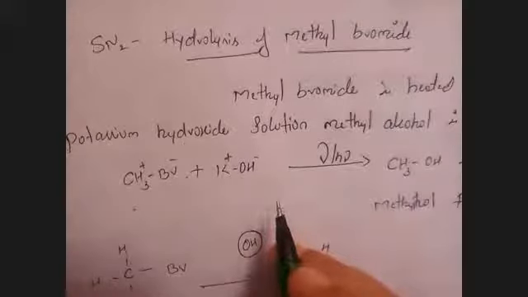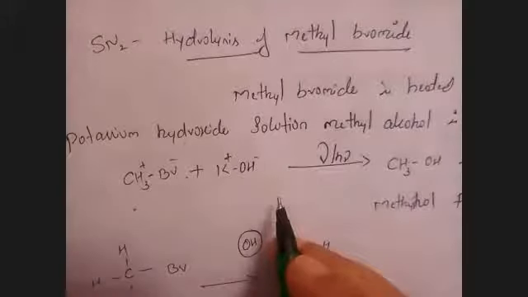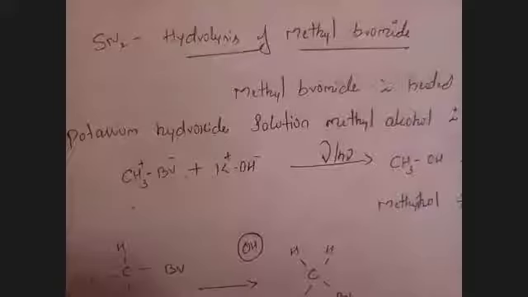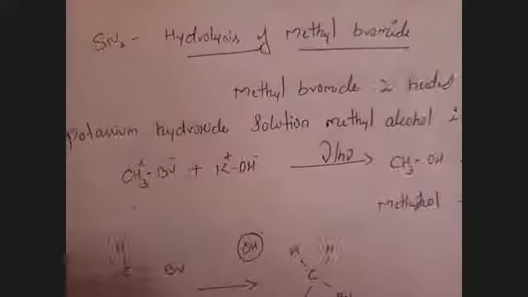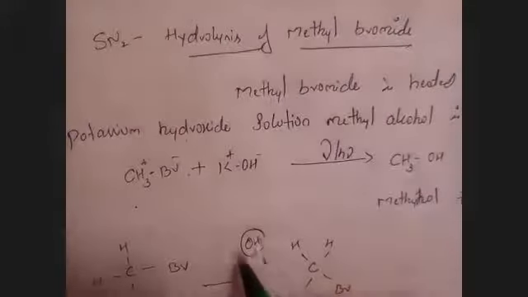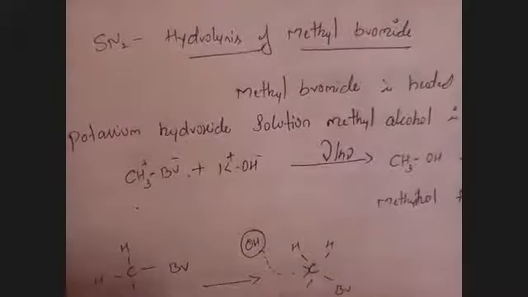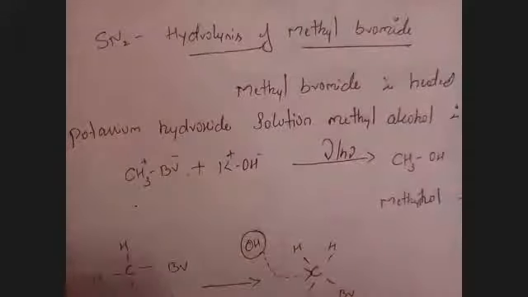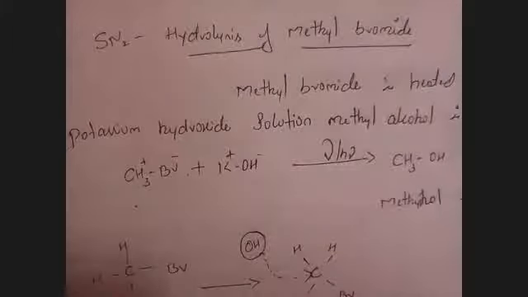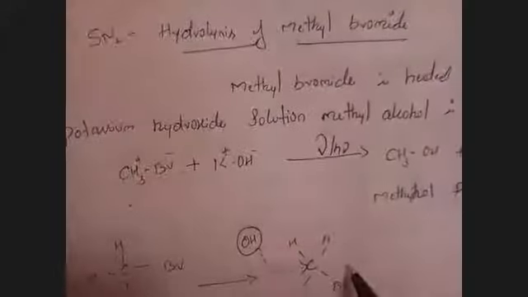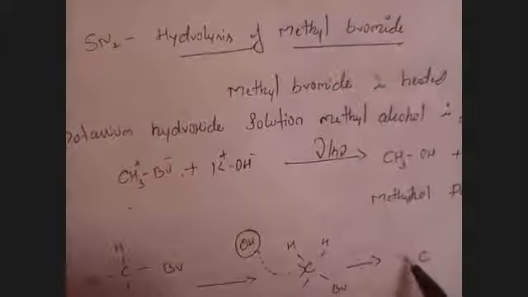Ionization of potassium hydroxide is very easy, so as soon as we get OH, it will come and attack one side of your carbon, and it will become like this.